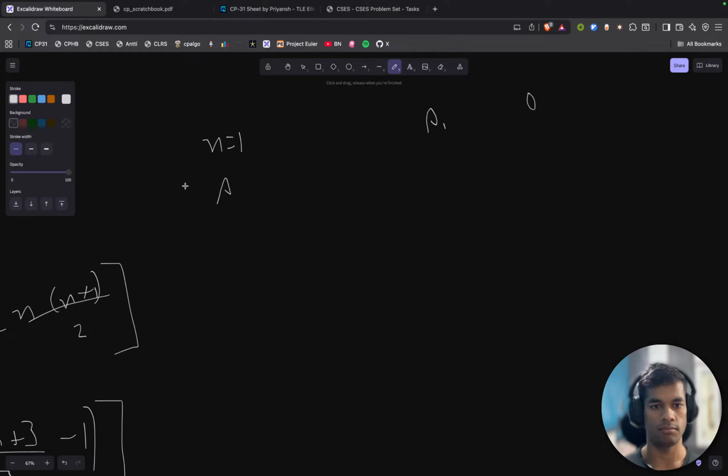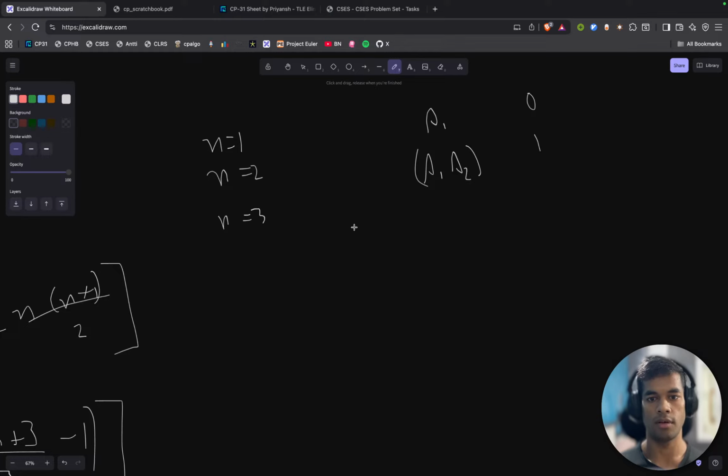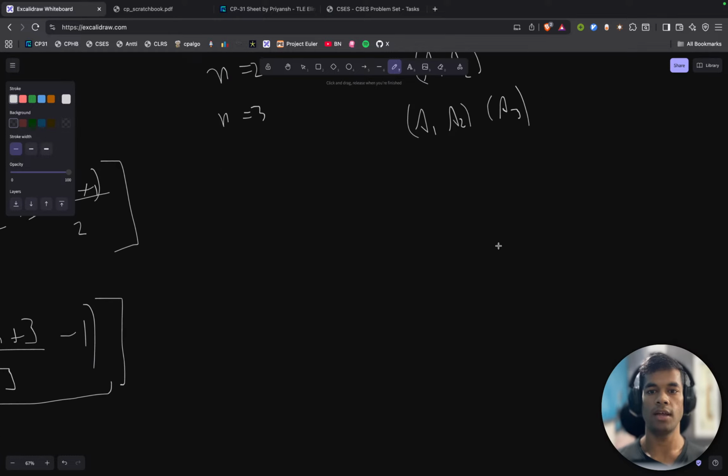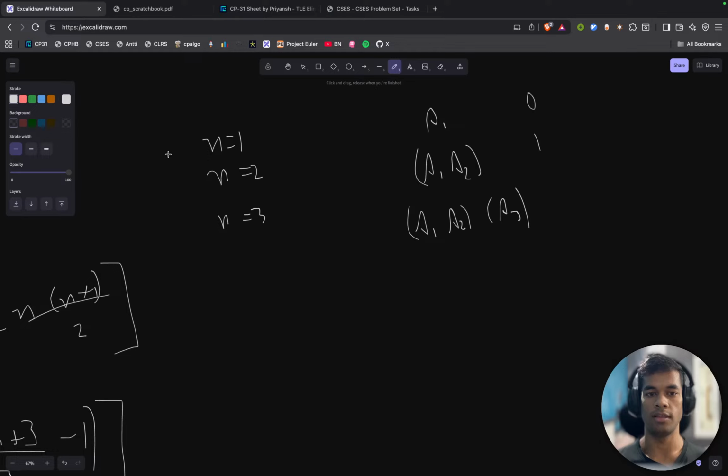When n equals 2, we have 1 pair of parentheses. This one. And when n equals 3, we have 2 pairs of parentheses. So okay, this is our base case.